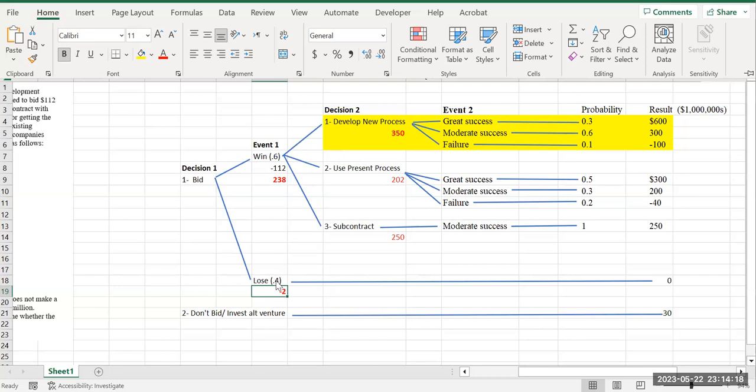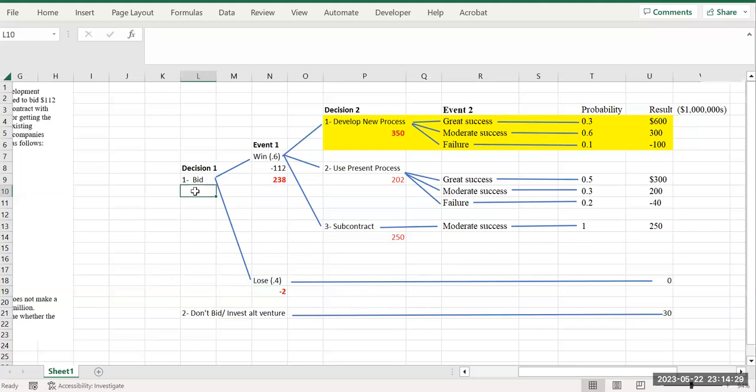The chance of this one is 0.4. The chance of winning is 0.6, and the expected return if we win is 238. As you can see here, these are events, states of nature. With states of nature, you have to find the expected value.